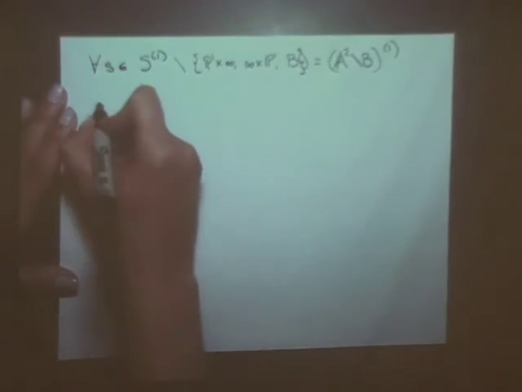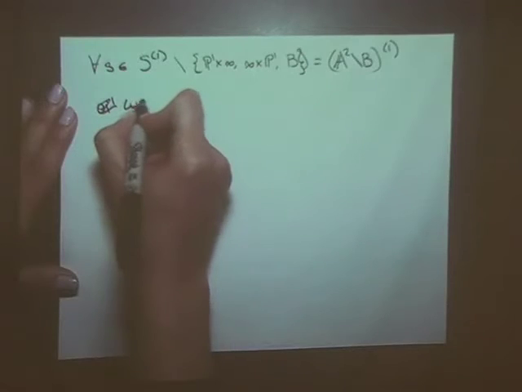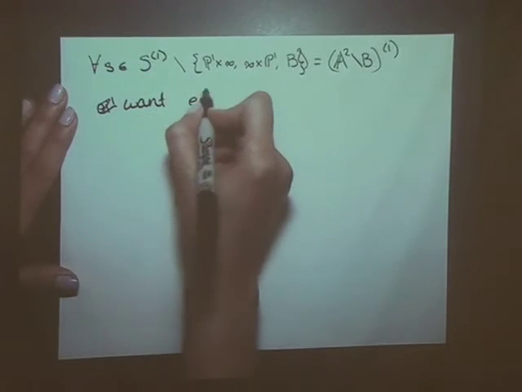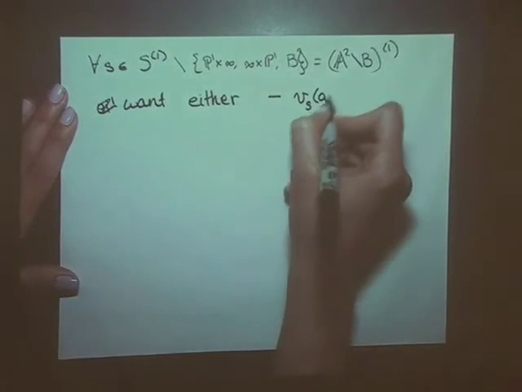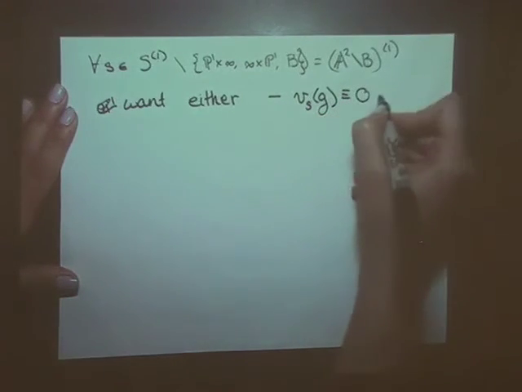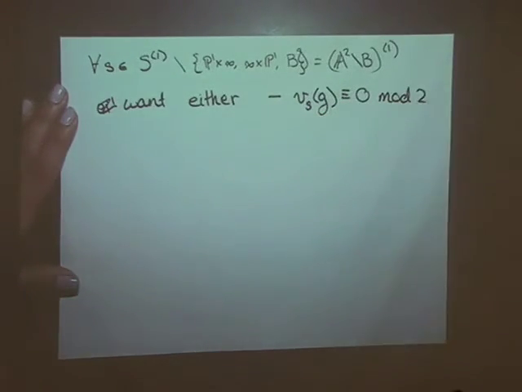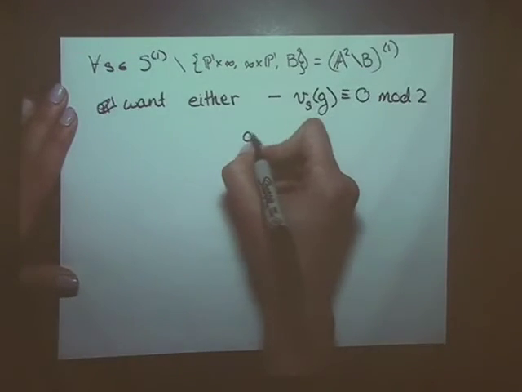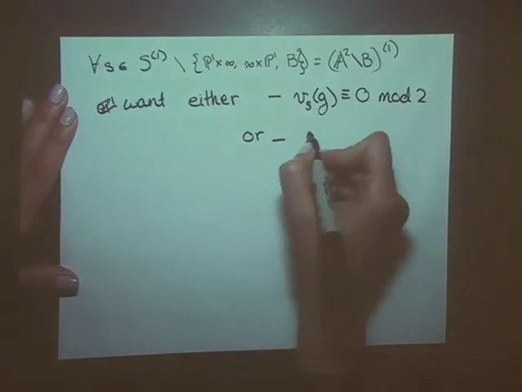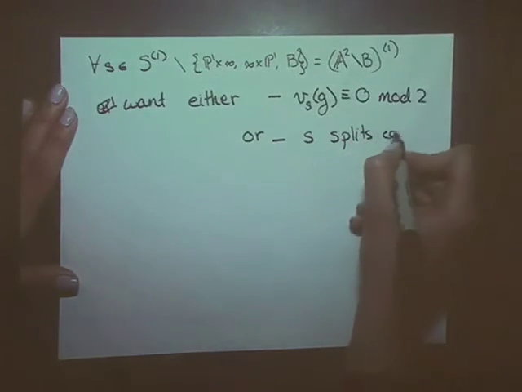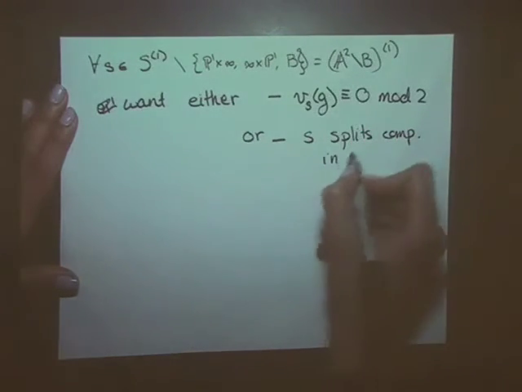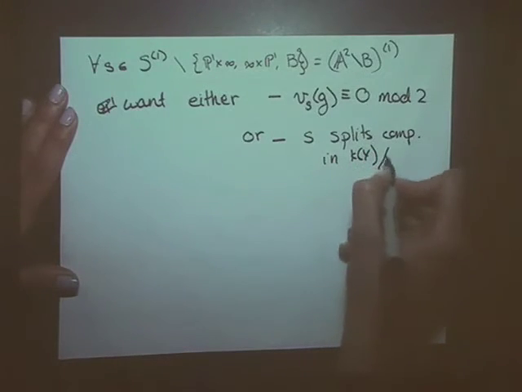And I want either the valuation at S of g to be 0 mod 2, that's my n_i being even, or S splits completely in K(Y) over K(S).